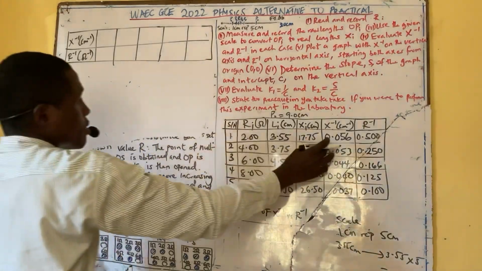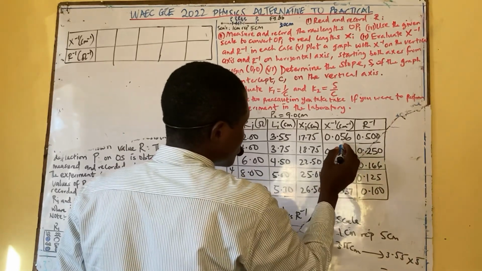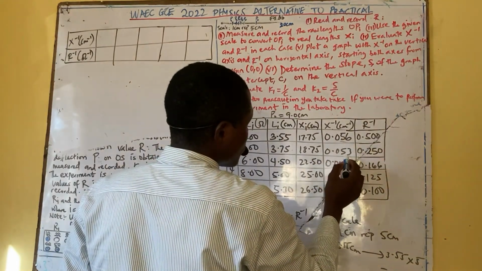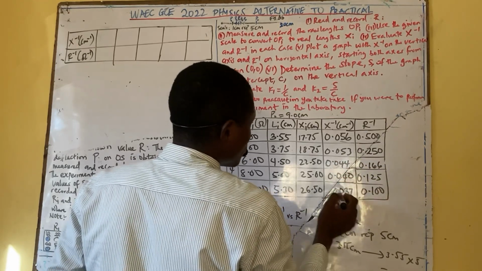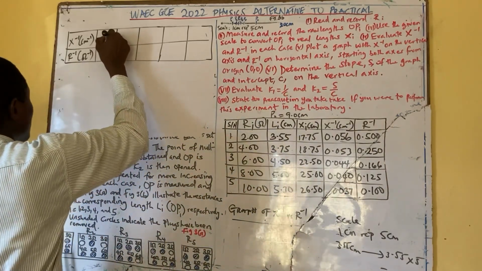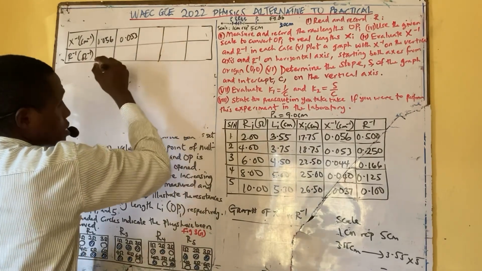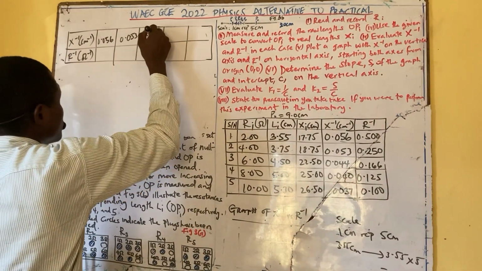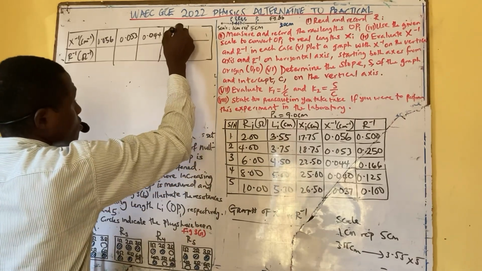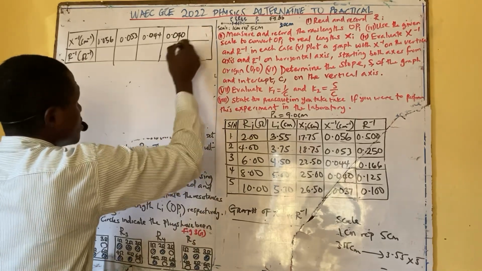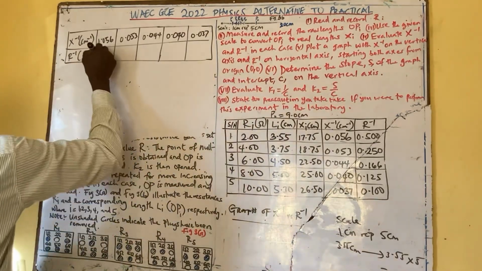The first one, you can plot to 3 decimal places for accurate values: 0.056, 0.053, 0.044, 0.040, 0.037.